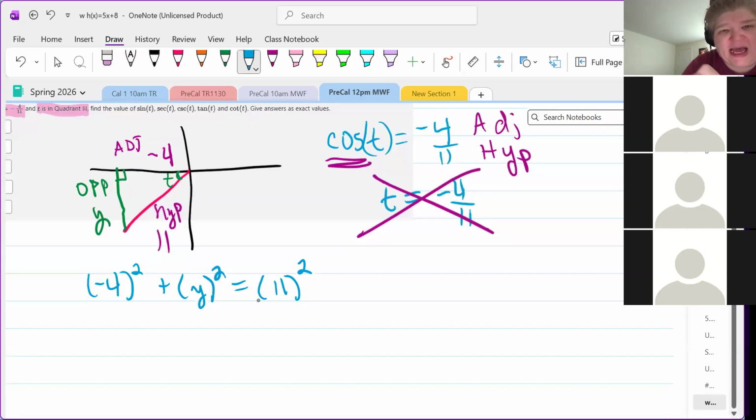Now all of these sides need to go in parentheses. So (-4) squared with the parentheses is +16. Plus y squared equals 11 squared is 121.